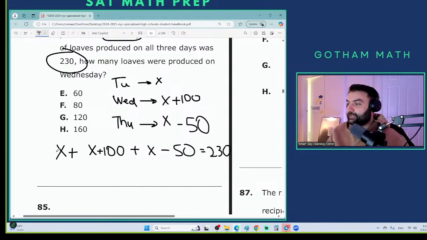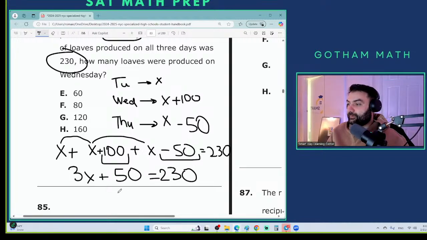All right, now we have to combine like terms. We're going to add X, X and X. That's going to be 3X. 100 and minus 50 is going to be plus 50, equals 230. Now we subtract 50 on both sides. So we get 3X equals 180.